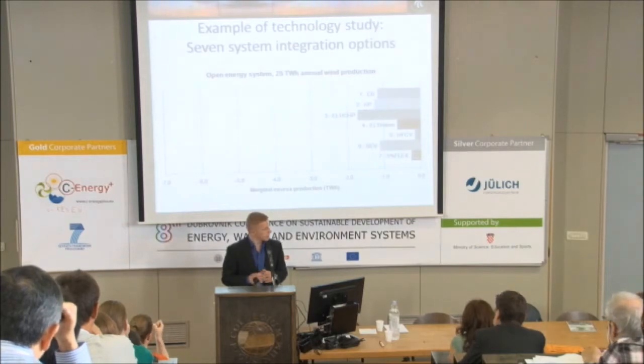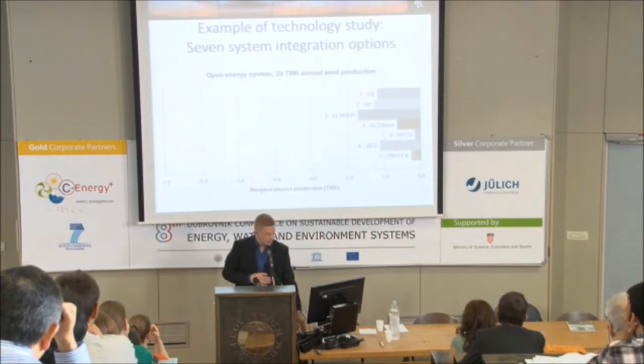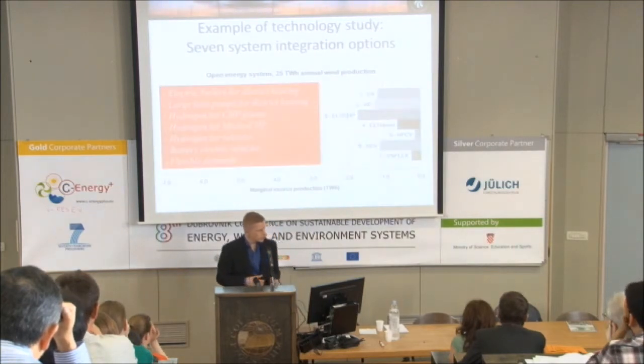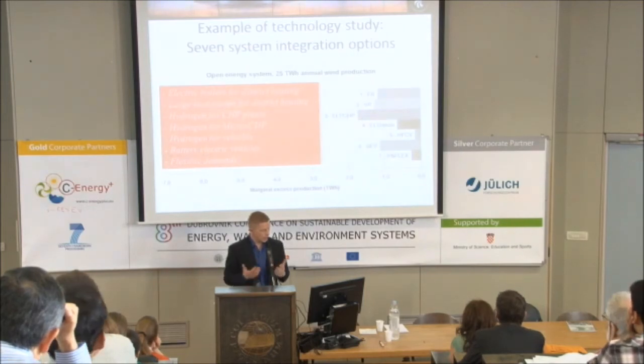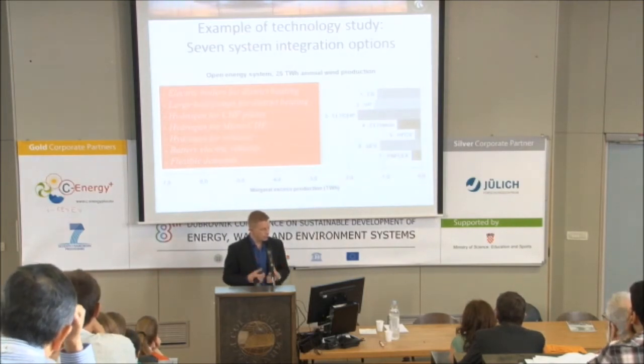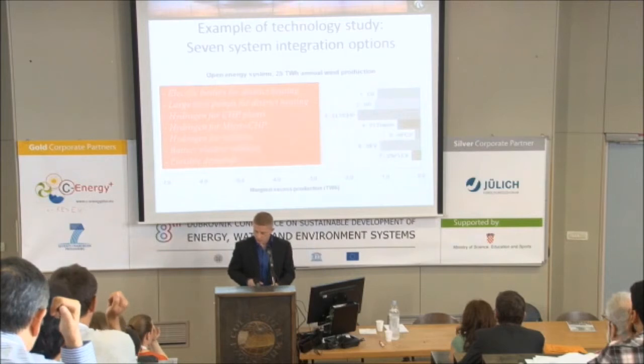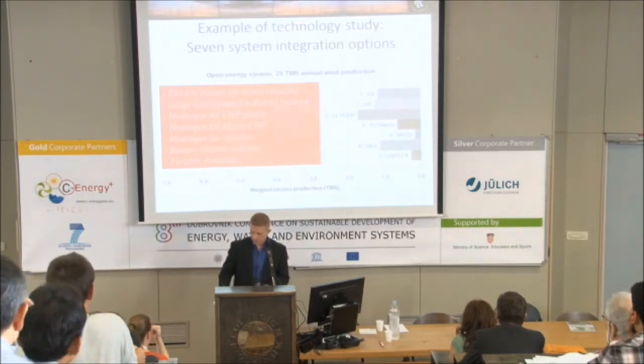We have 7 integration options in this diagram, and these options are electric boilers for district heating, large heat pumps for district heating, hydrogen for CHP plants, hydrogen for micro CHP, hydrogen for vehicles, battery electric vehicles, and flexible demands.